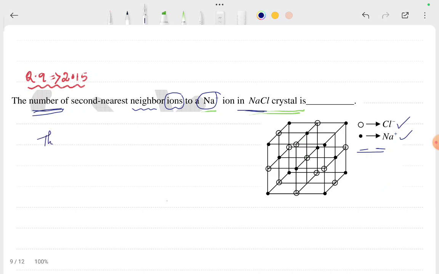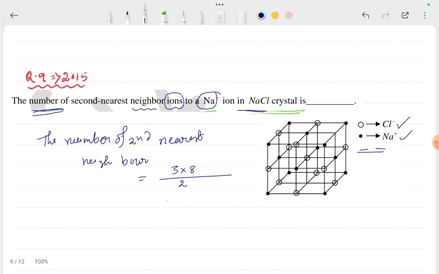The number of second nearest neighbors equals, I just give you the information. We already use a trick here, but the detailed explanation is very vast, that's why I skip this.